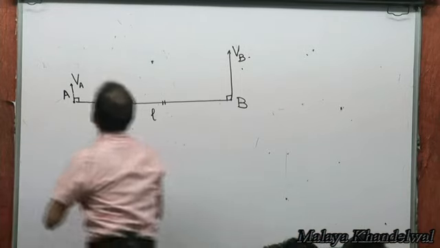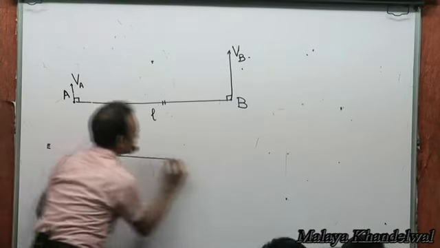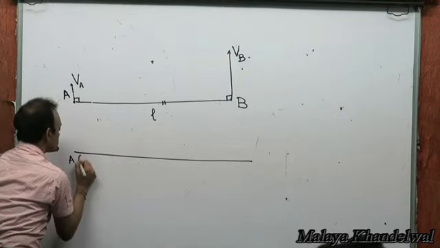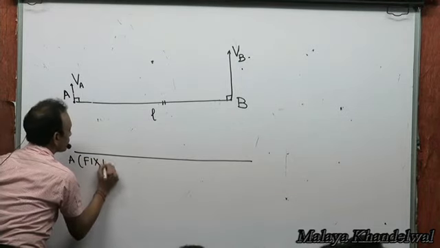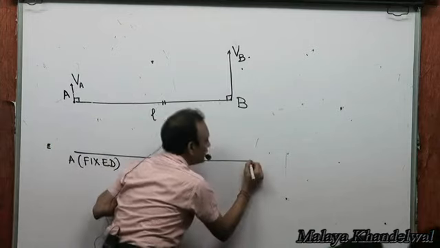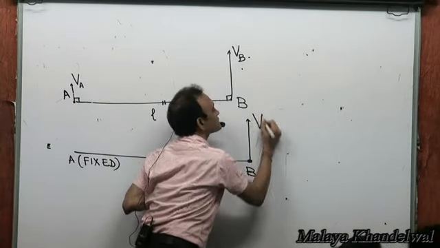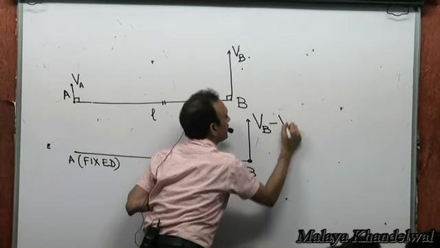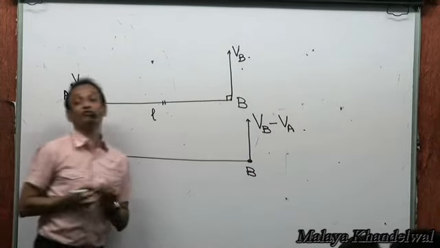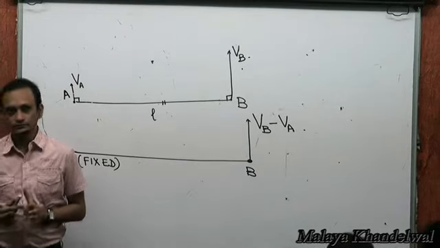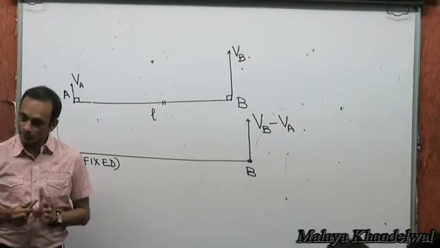So in an equivalent situation, it's as if A is fixed and treated like an observer, and B is imparted a redefined state which is VB minus VA, the velocity state of B as seen by A, right? Yes or no?